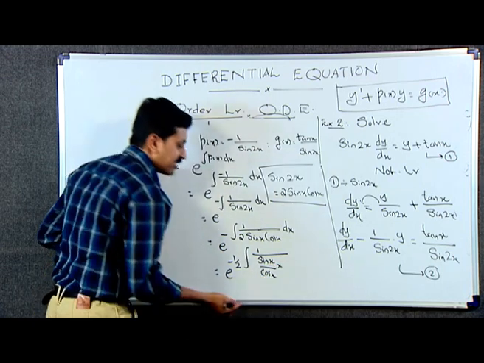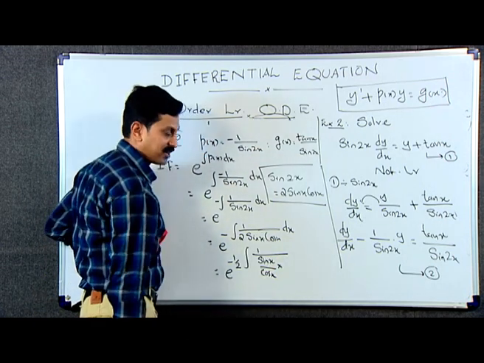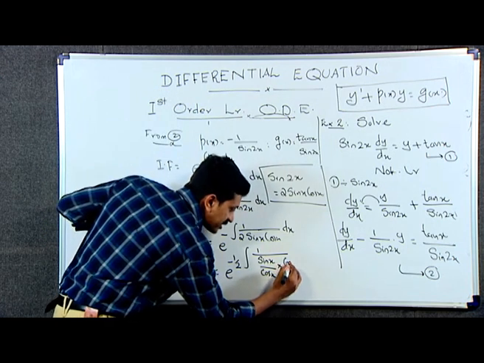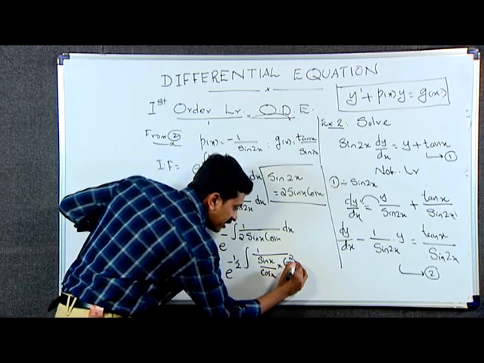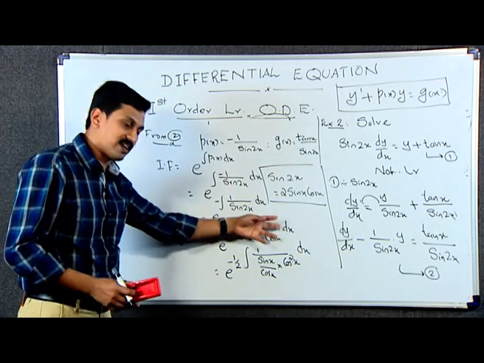To compensate for that cos x, I have to multiply one more cos x in the numerator, that is cos x into cos x, which is cos square x dx.